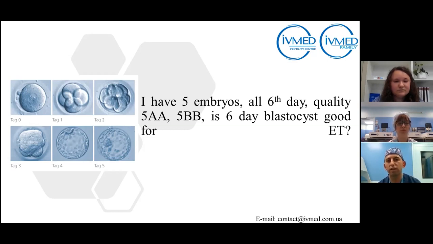Also, a different kind of mechanical effect is possible here while we are doing hatching for the embryo biopsy. Sometimes zona permeability is lower, so the embryo gets hatched faster. Sometimes it's not possible, and they develop and hatch like 1 day later. But basically, there is no difference between 6-day and 5-day good quality blastocysts.